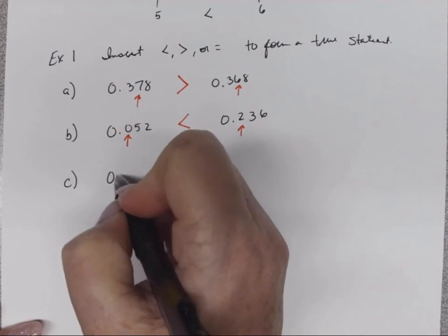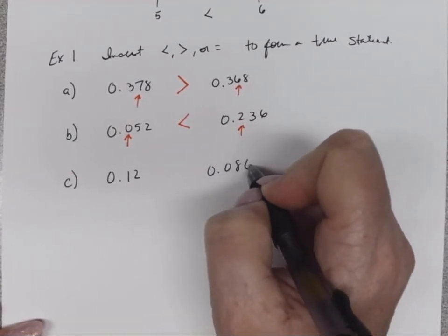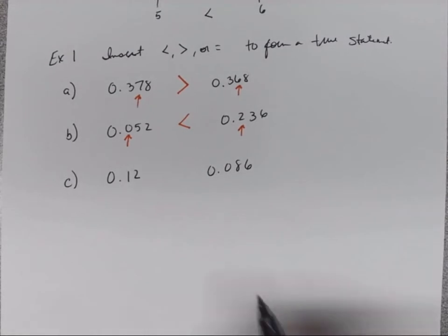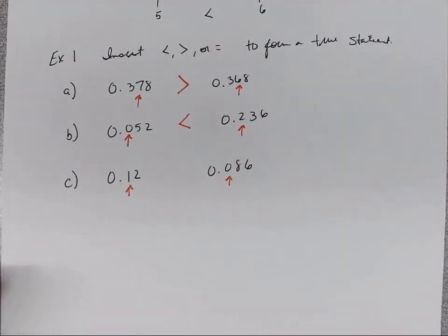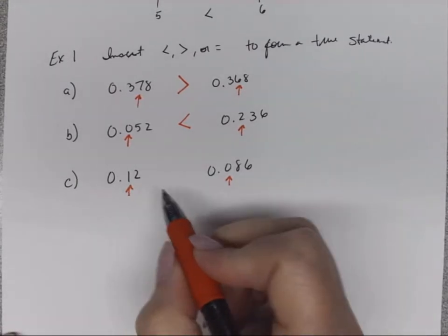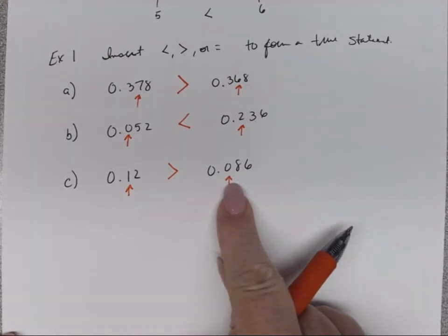All right, we have 0.12 and 0.086. So again, the first digit that changes is right after our decimal place there. And 1 is greater than 0, so this number will be greater than that one.